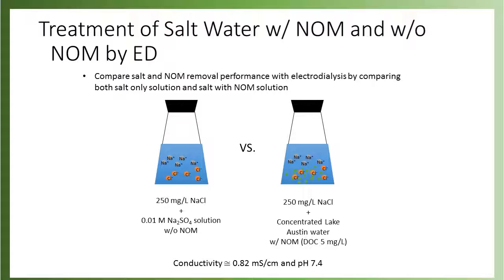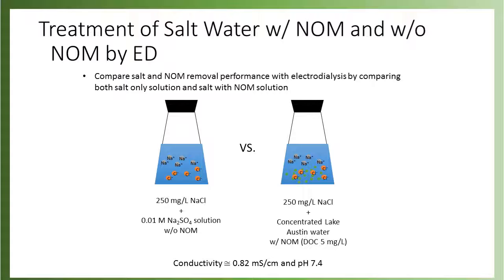So I use two different types of water. The first one is 250 milligram per liter sodium chloride with 0.01 mole sodium sulfate solution without NOM. The second one is the 250 milligram per liter sodium chloride with the concentrated Lake Austin water with NOM, which is exactly the same thing that John reported before to you.